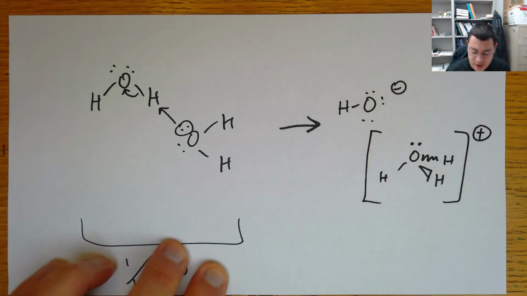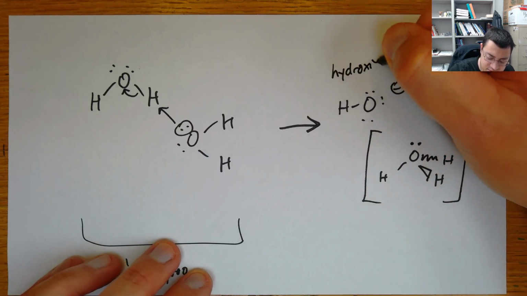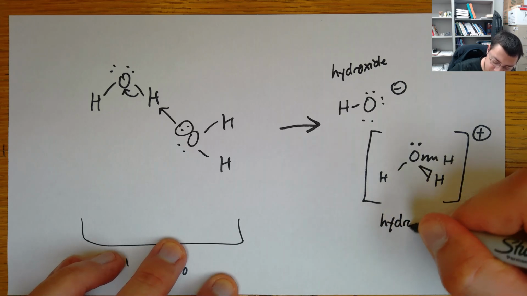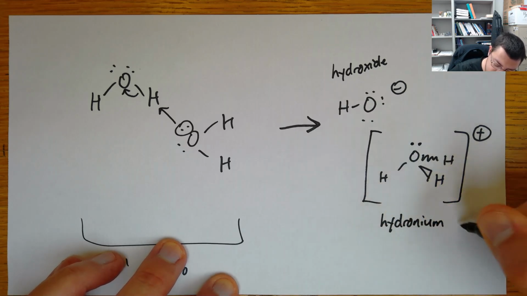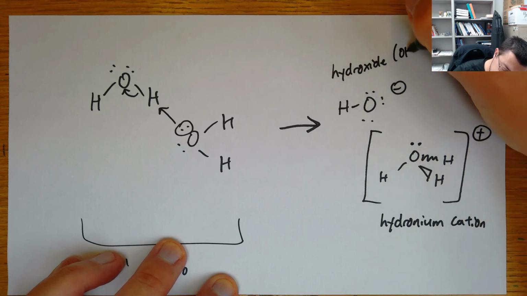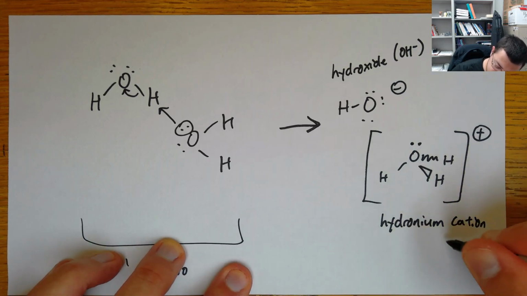But we get these two ions. Here is a hydroxide. We're used to seeing hydroxides, OH minus. And this is a hydronium cation. Okay, so we have an OH minus, and then we have an H3O plus.